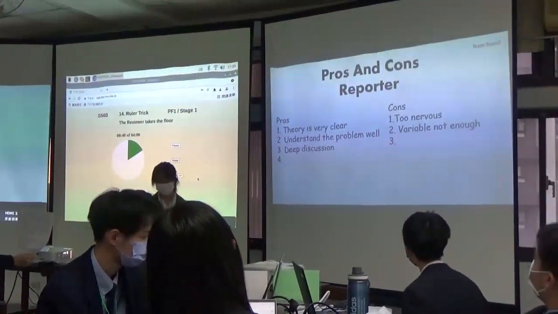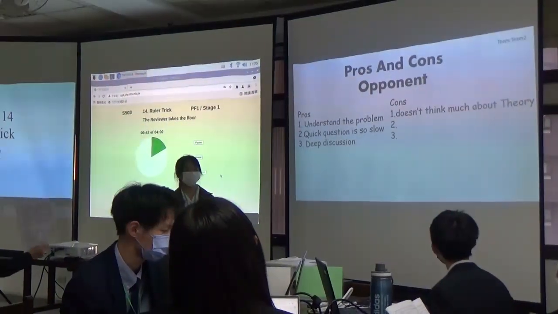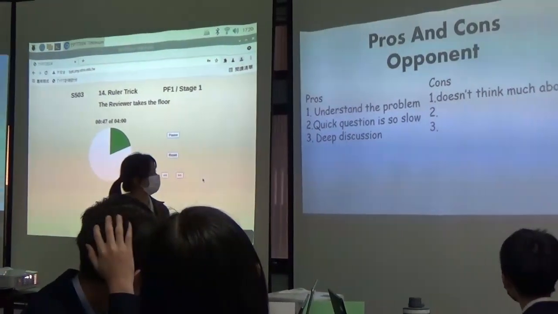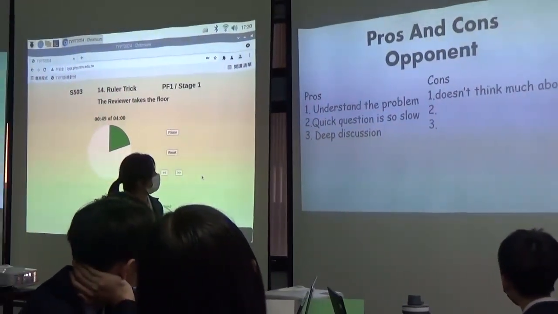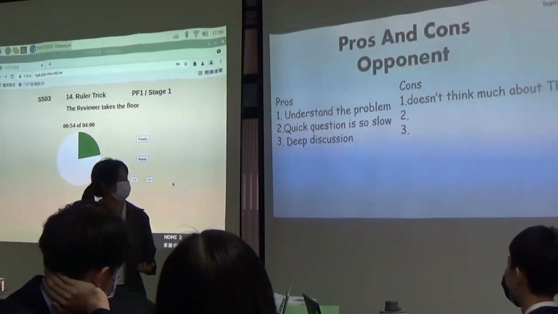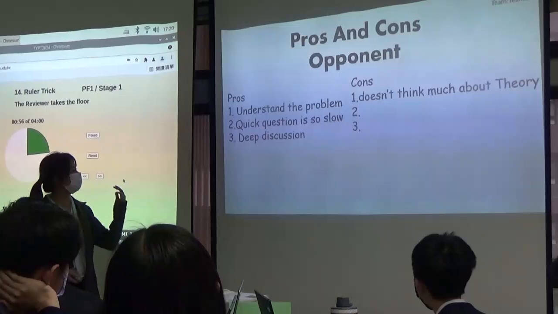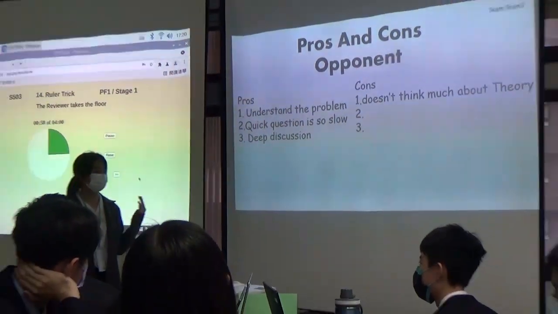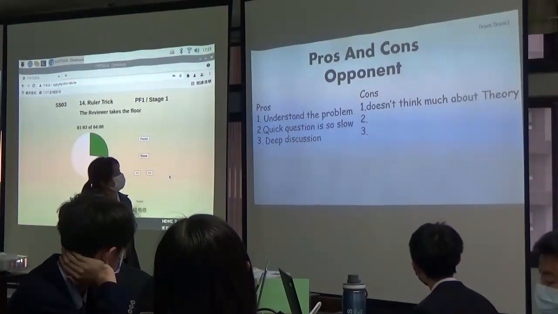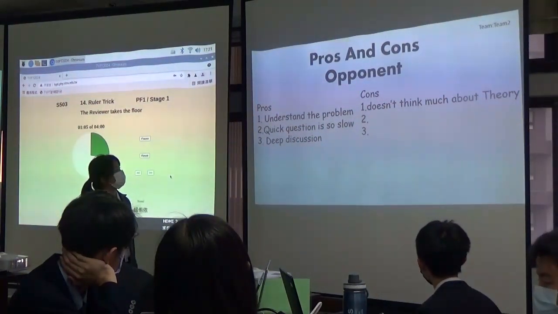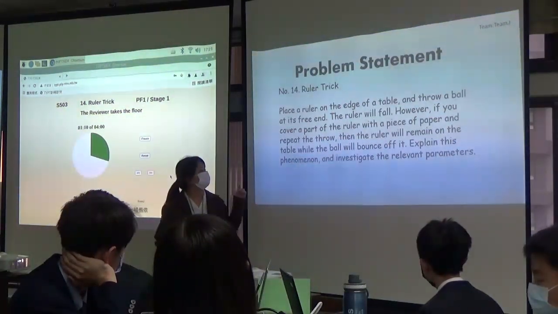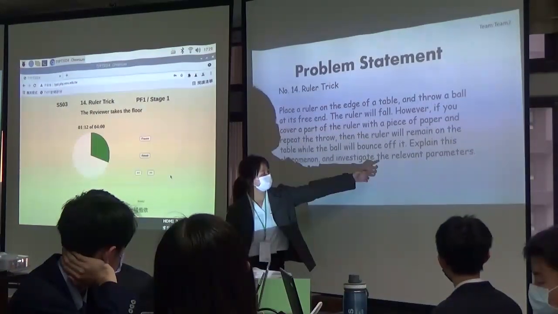The opponent's pros: he understands the problem and asks quick questions, and has a deep discussion with the reporter. But the cons: the quick questions are too slow, and he doesn't think much about the theory, which I think means he doesn't understand the statement well.